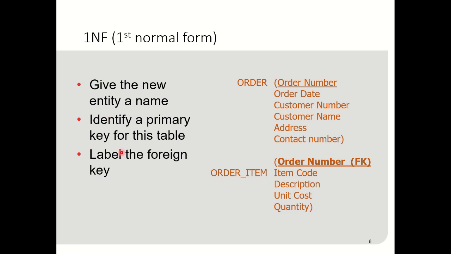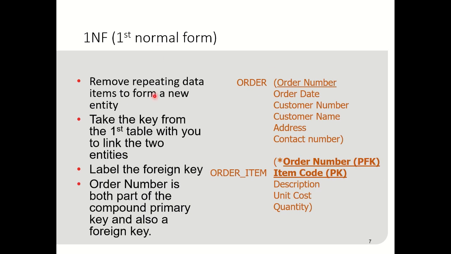Now you have to identify a primary key for this table. So for the table with item code and description, definitely item code is the primary key, and we have also labeled order number as the foreign key, right? Now the next thing which we have to do is make sure that the order number is both a foreign key and part of the composite primary key. So you have to make it a PFK.